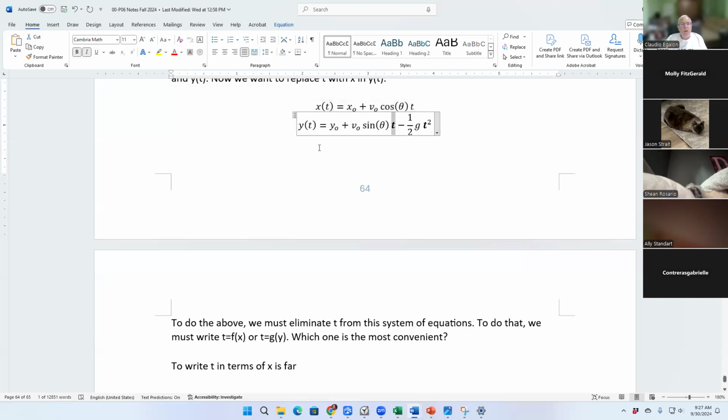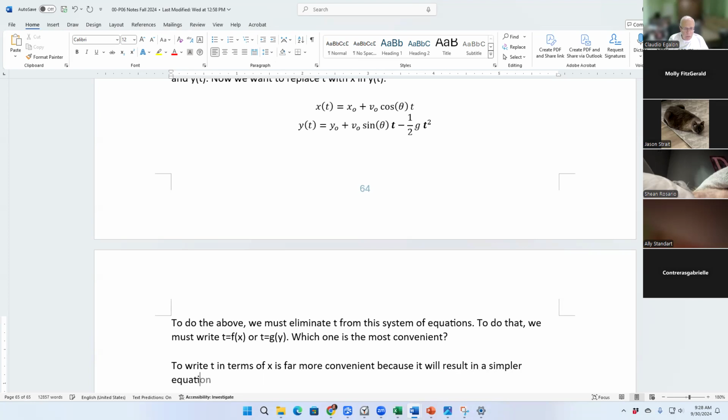Our final equation will have a dependence of y in terms of x. It's far more convenient because it will result in a simpler equation compared to t in terms of y.